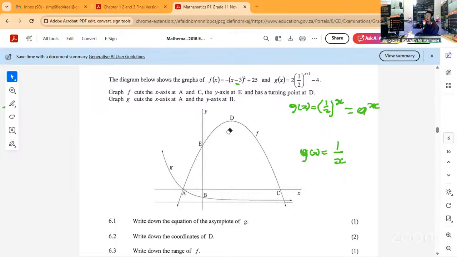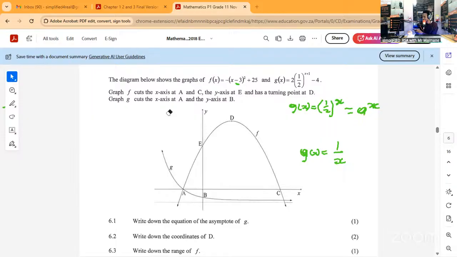It's just some of the things we are being familiar with before we attempt any question. Graph g cuts the x-axis at A and the y-axis at B, as stated, and then write down the equation of the asymptote of g. What would be the equation of the asymptote of g?